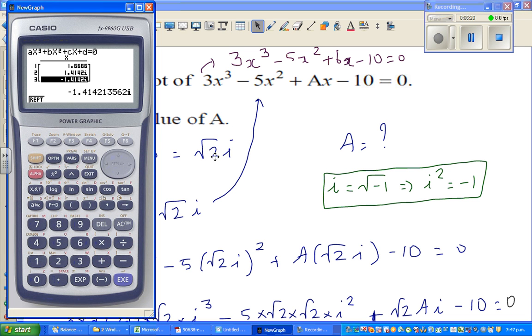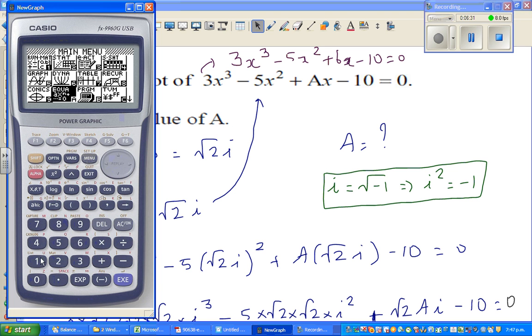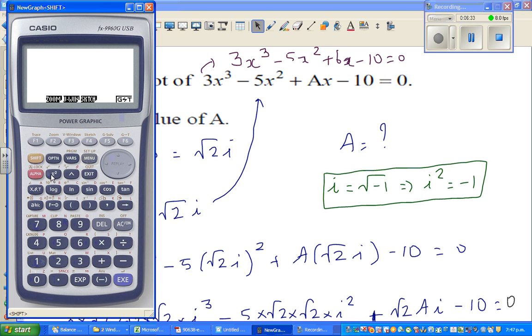So if root 2i is a root, you can see immediately that minus root 2i is also a root. I'll just show you that root 2 is nothing but this value of 1.4142. If you go to run and press shift, root 2 is 1.4142.